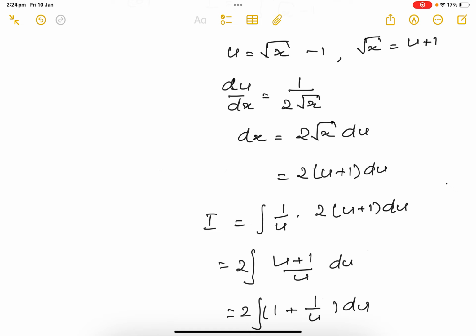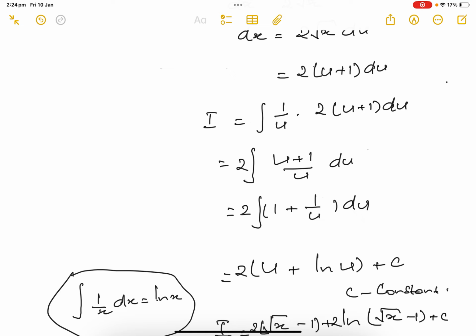I equals the integral of 1 over u, since root x minus 1 is u, the substitution, times dx, for which we can substitute 2 times u plus 1 du. If we simplify, take 2 out as a common factor, the numerator is u plus 1 over u.